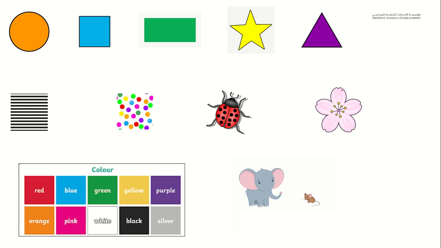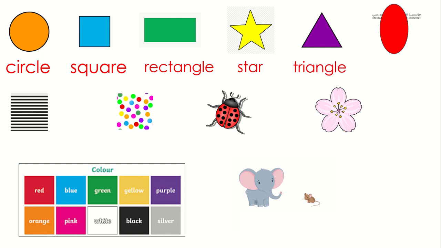Okay, here are some examples of some adjectives that we may use. The shapes, shape of something like circle or square, rectangle, star, triangle, oval. These are our shapes. You may describe the shape of something. You may also describe an object's color. Then you can talk about the design on the object.